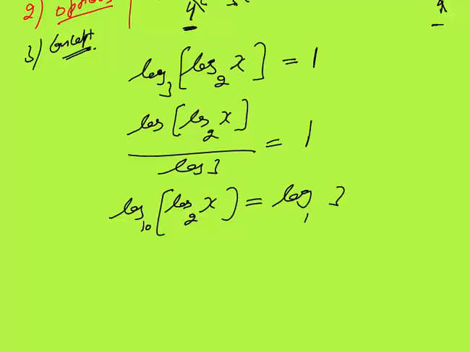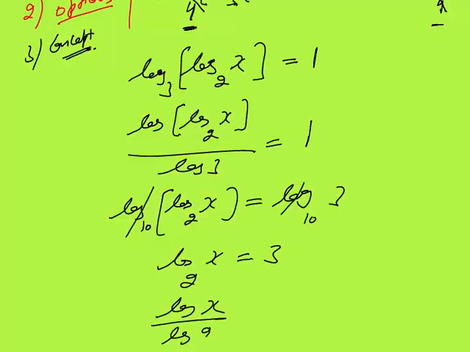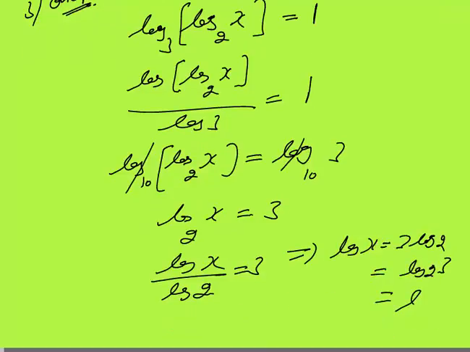Again, the base you can assume as the same, so log and log will cancel out, so we are left with log x to the base 2 equal to 3. This becomes log x upon log 2 equal to 3, which means log x is equal to 3 log 2. Now 3 log 2 can be written as log of 2 cube, that is log of 8. So log x equals log 8, x equals 8. So 8 will be your final answer.